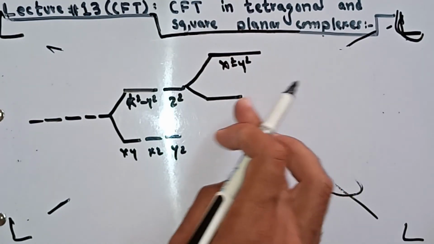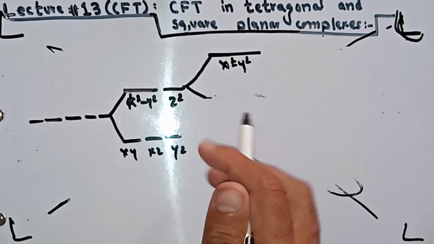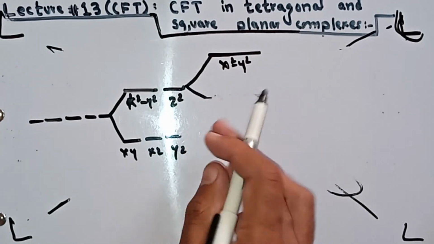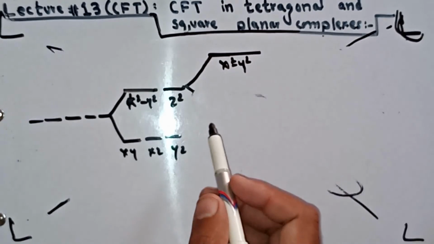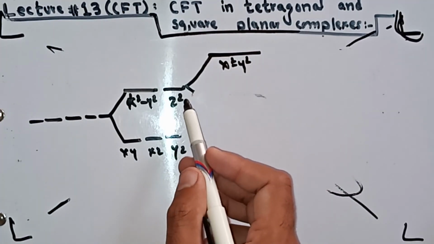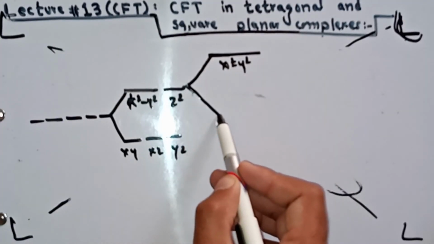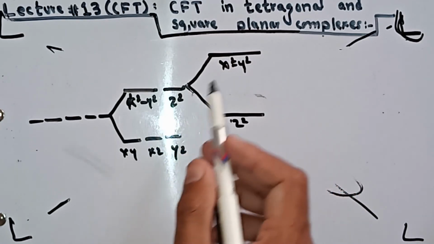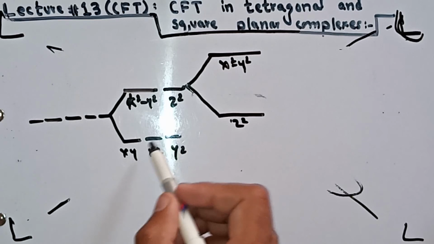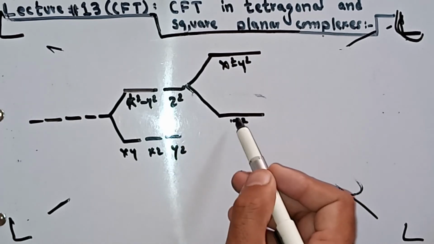For z square, there is no ligand interaction, so its energy will decrease. But xy lies in between the axes, so its energy will be increased compared to z square.